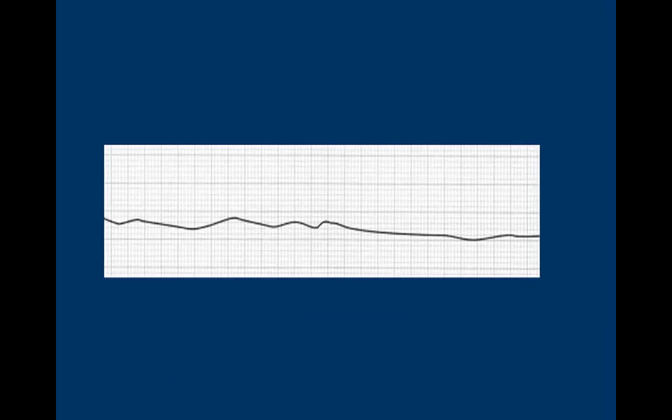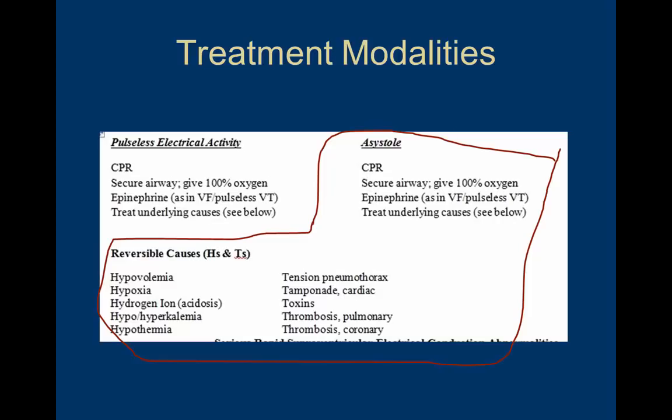Asystole is pretty easy to identify, but PEA on critical care exams can be a little bit trickier. But know that SVT or AFib or any kind of sinus rhythm, sinus brady, when there is a mention of no pulse, that means that is a PEA scenario for you.